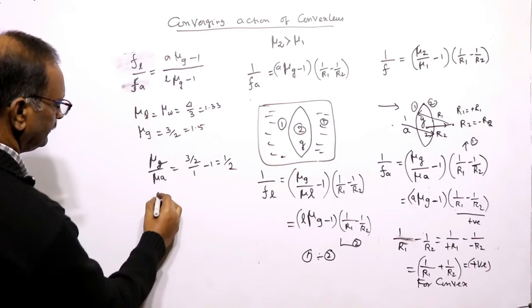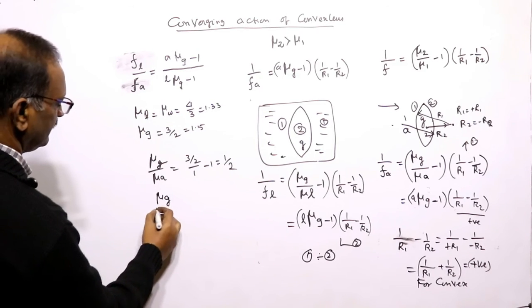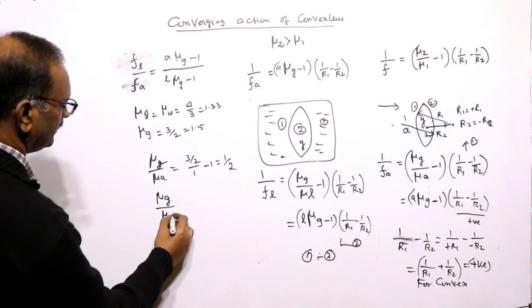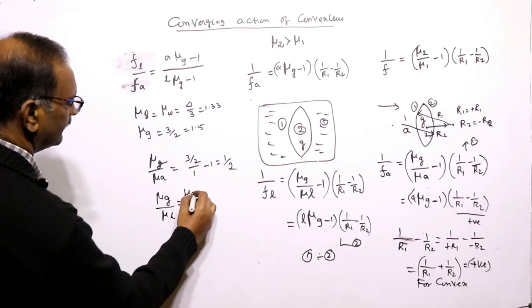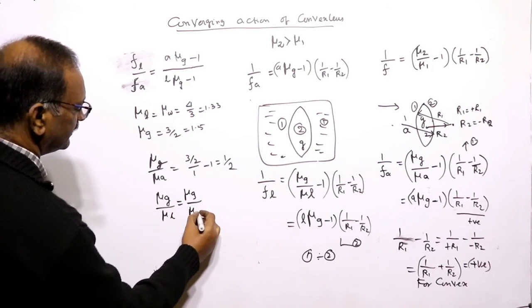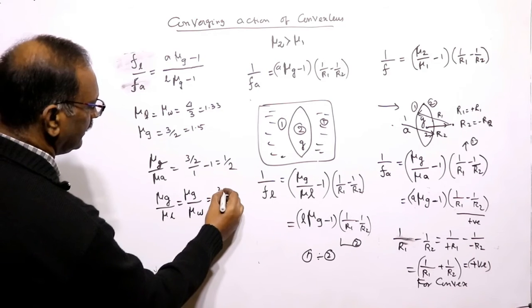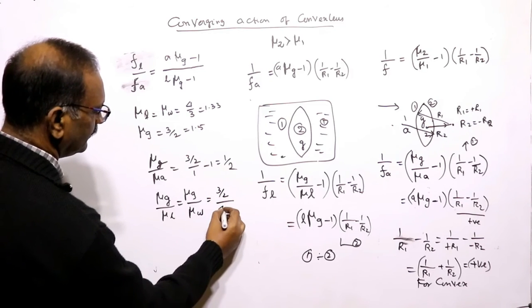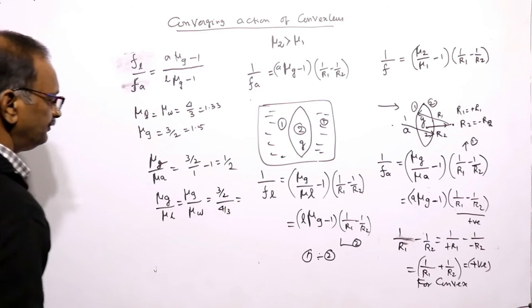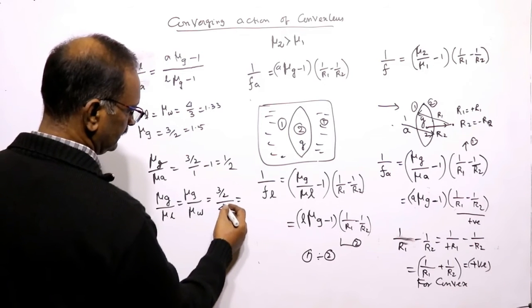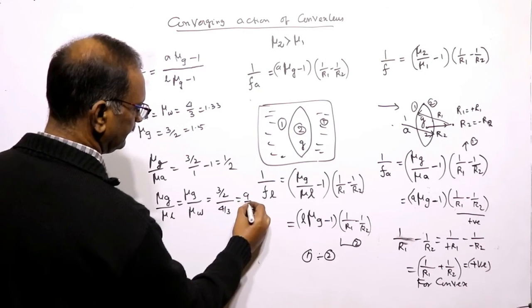The refractive index of glass with respect to water, the liquid, is 3 by 2 divided by 4 by 3, which is 3 into 3, 9 by 8.